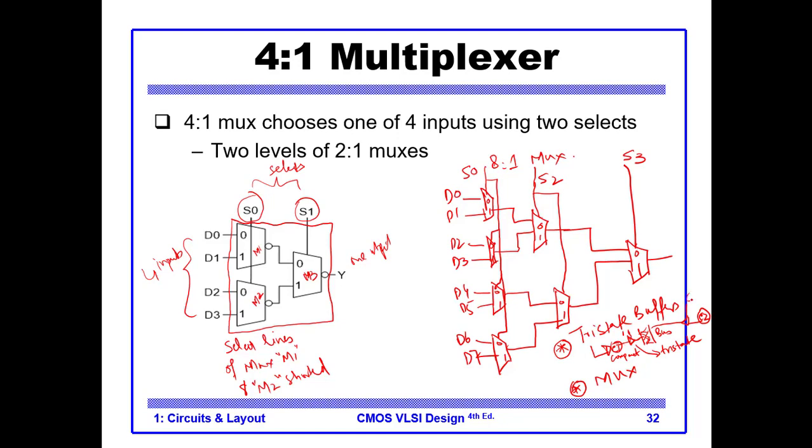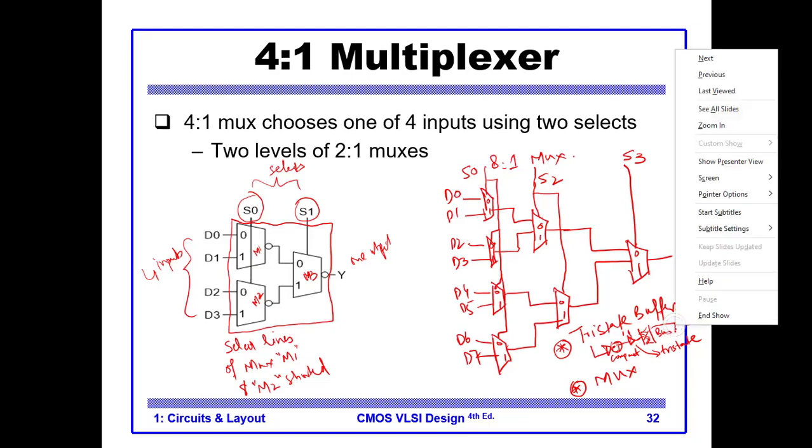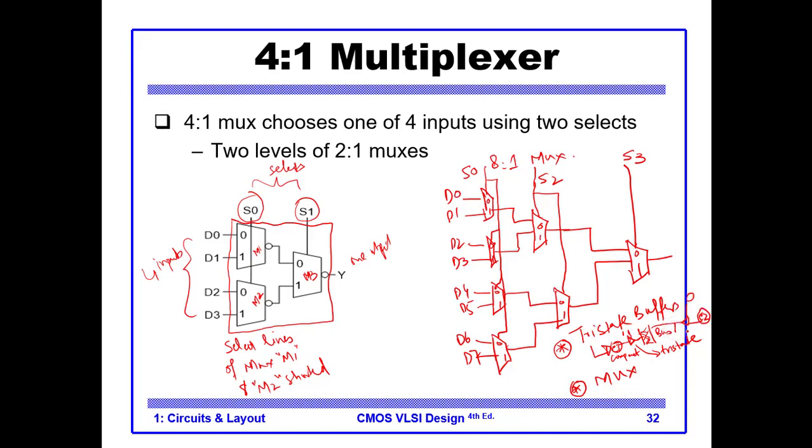At that moment, C2 will disable its connection, so C2 is not putting anything on the bus. But if C2 is the receiver, then we will have another tri-state buffer on the receiver side, and this will be enabled.